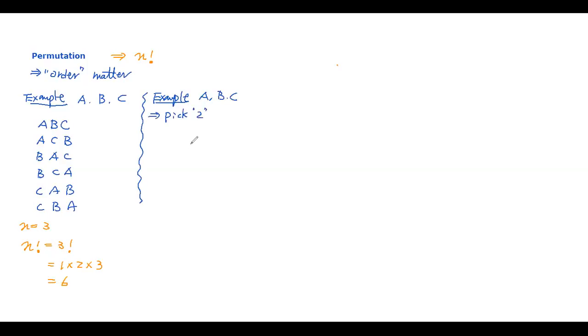Which one is the first and which one is the second, order does matter. That means I care which one was picked first and which one was picked second. So if order does matter, let's see how many ways I can pick. The first one I can pick is A and B, correct?